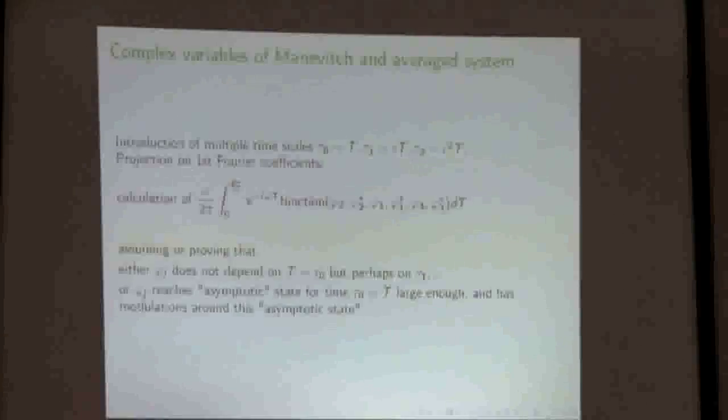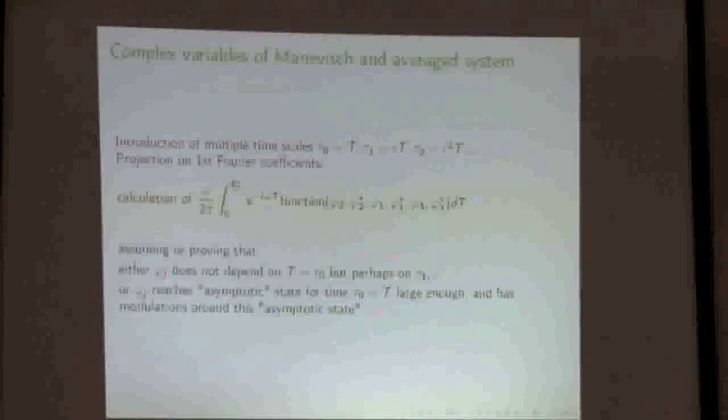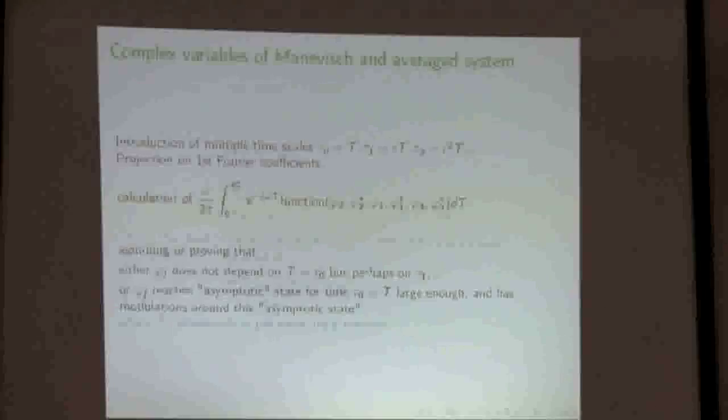Or I will assume that after time tau 0 large enough, I will reach an asymptotic state, so I can consider that phi 1, phi 2, or phi 3 does not depend then on tau 0. And again, I will study modulations of the dynamics around the asymptotic state, as I explained.